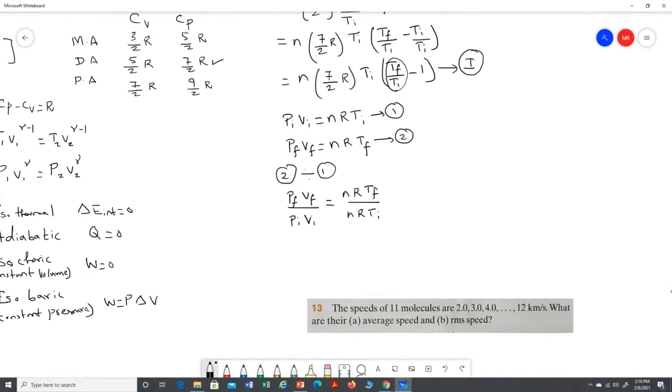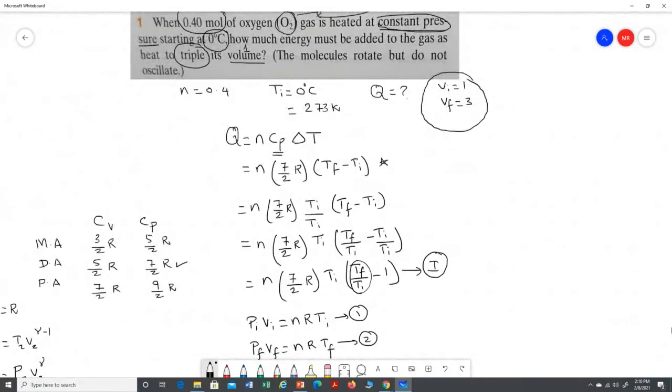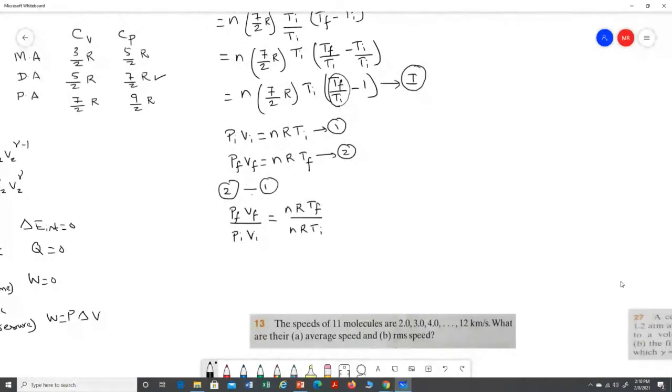What condition is given in the question? What is the meaning of constant pressure? Your pressure is constant. So if your pressure is constant, your initial pressure must be equal to the final pressure.